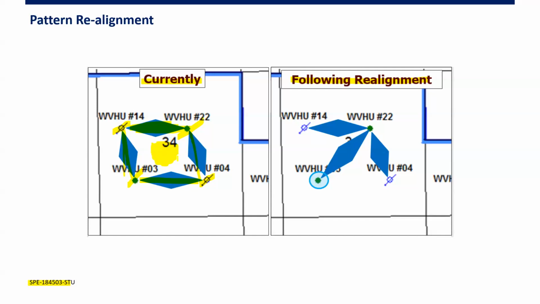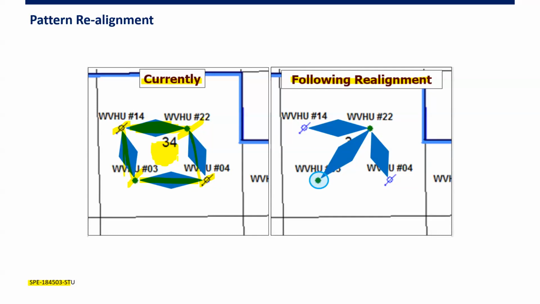Okay, so this kind of problem can be solved by what we call pattern realignment. So pattern realignment is basically you realign the existing pattern. You modify the existing pattern, either by converting producer to injector or vice versa.